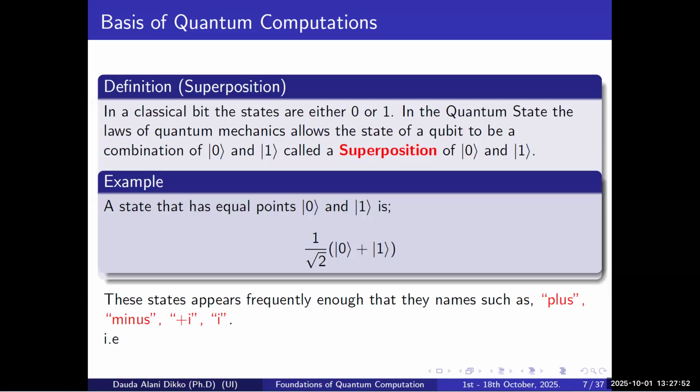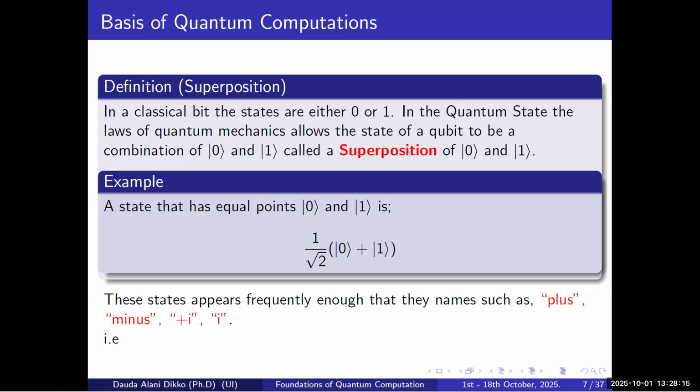Now, in a classical bit, the states are either 0 or 1. And in the quantum case, the laws of quantum mechanics allow the state of a qubit to be a combination of 0 and 1, called the superposition. An example is to have it represented like this, where you can use both states at the same time.